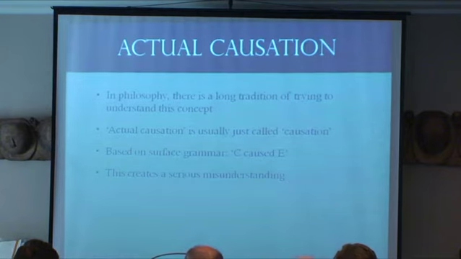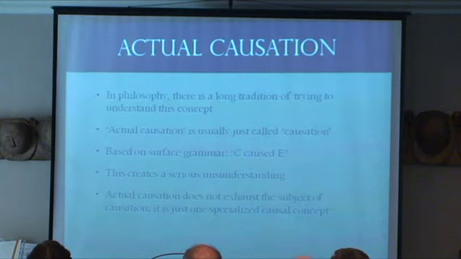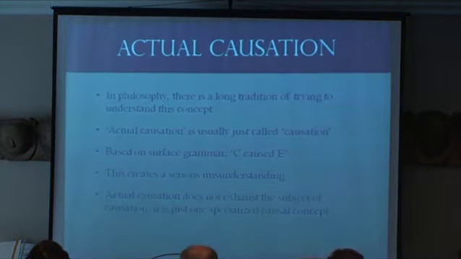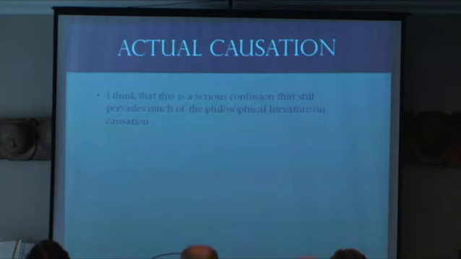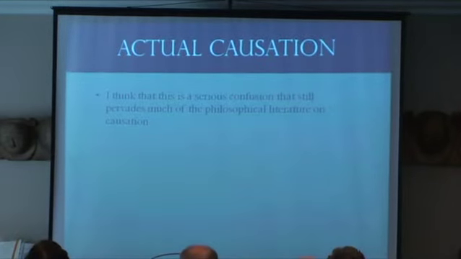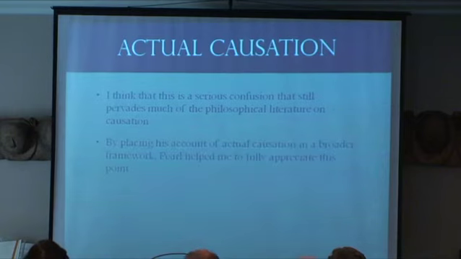So the surface grammar suggests, oh yes, this is causation that we're talking about. But I think this created a really serious misunderstanding in philosophy, namely the thought that somehow actual causation was all there was to causation, that to understand causation was to understand this really very specialized concept of actual causation. I think that confusion is still around, and it has really impeded progress.